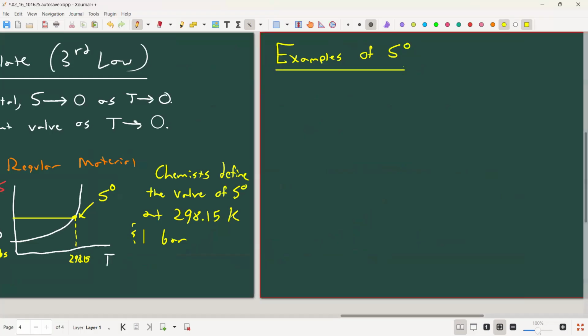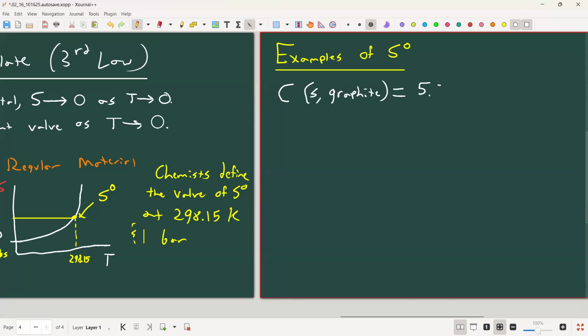I think a good example is carbon. So if we look at carbon graphite, the value is 5.7 joules per mole Kelvin.